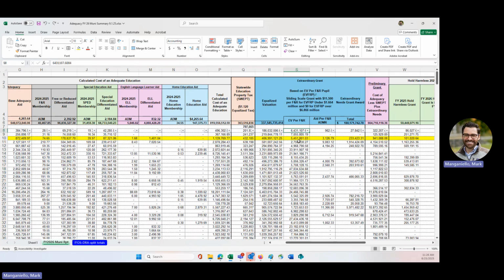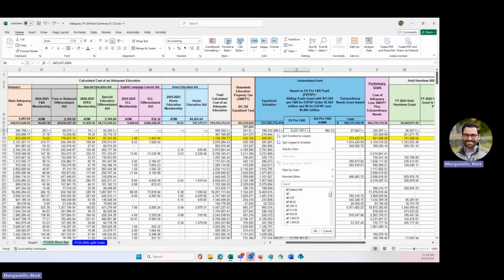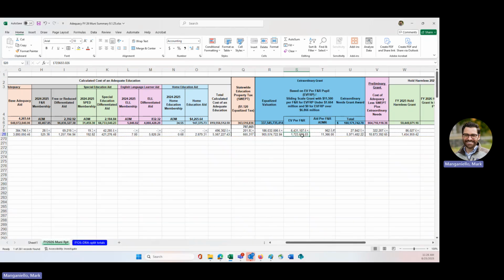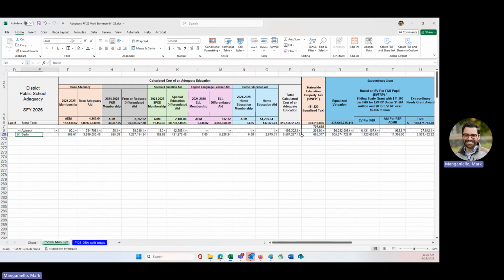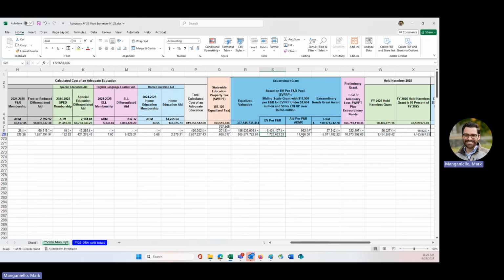However, if it's below 1.6, you get $11,500 per student. And so I'll find some community that's close to the amount. Let's see who's got the most targeted aid here. It's Berlin. So their number is close to the threshold of 1.664 million.